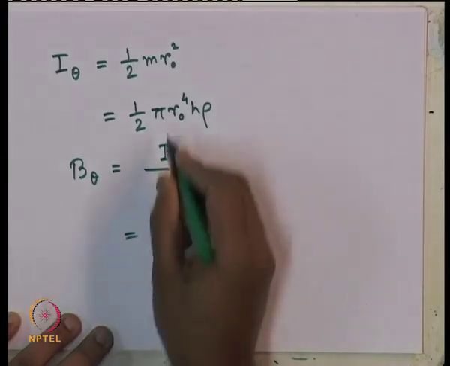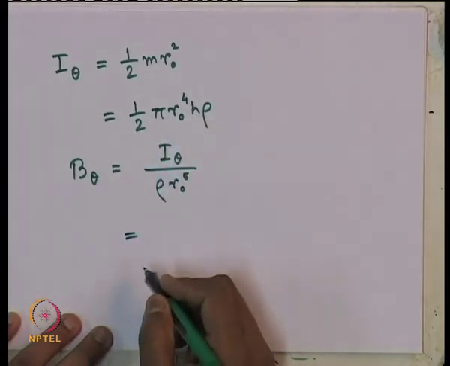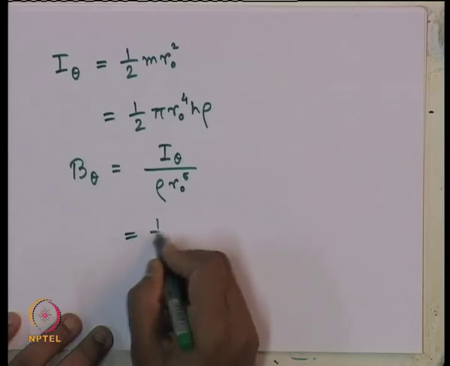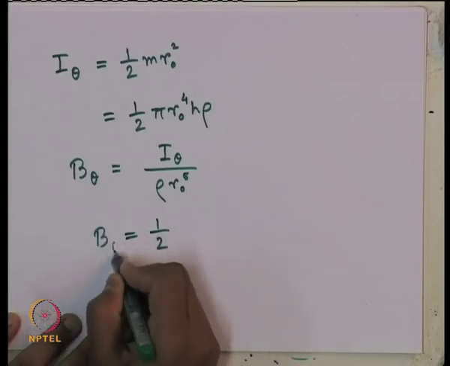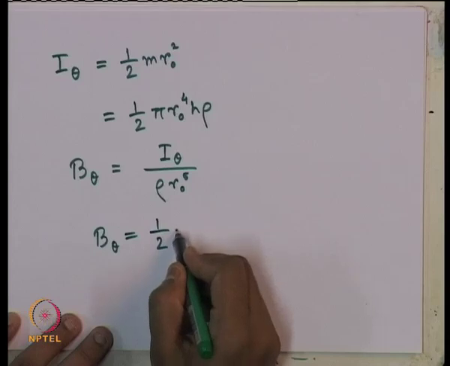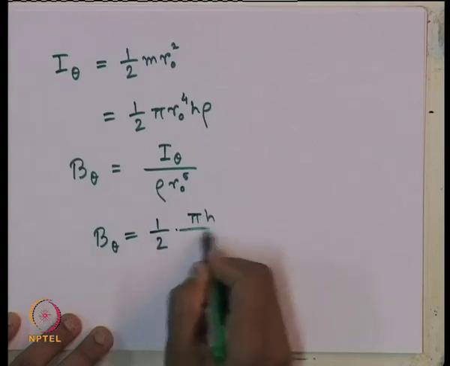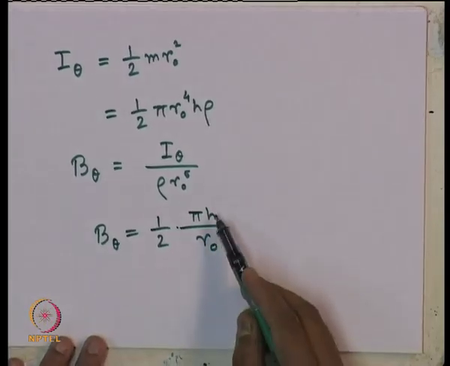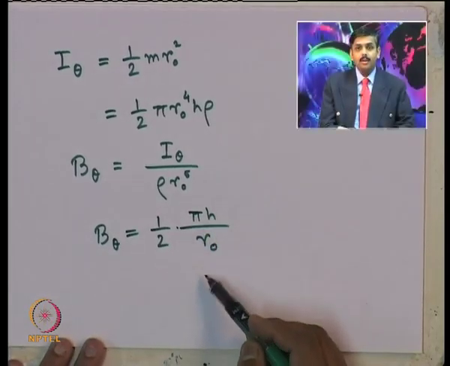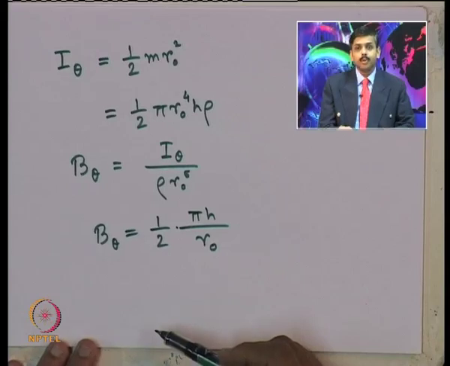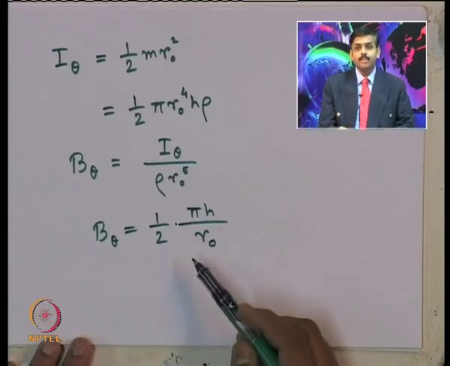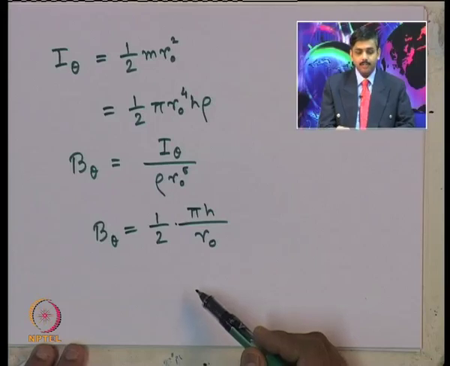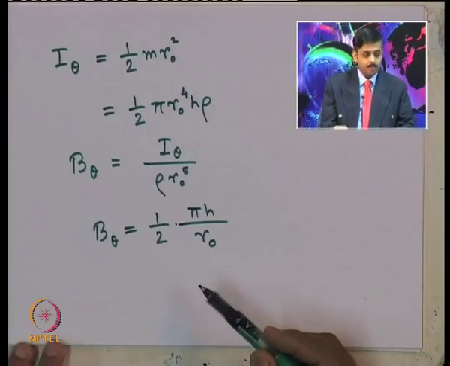If we put this expression of I theta in the expression for b theta, we get b theta simplified as half pi h by r naught. Here also you can see b theta is just a function of h and r naught only.